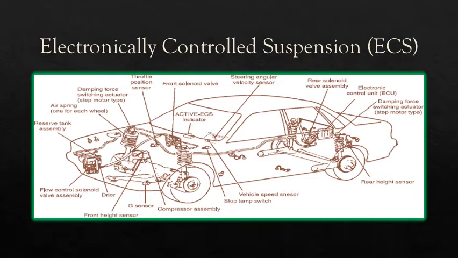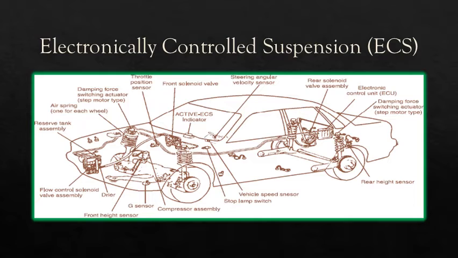The processor has sensors which detect steering angle, gravity, road speed, the height of the vehicle at the front and rear, the accelerator position, and the rate of movement of various suspension components. While there is some degree of driver override, the processor gradually controls the pump of the air spring and damper valve.